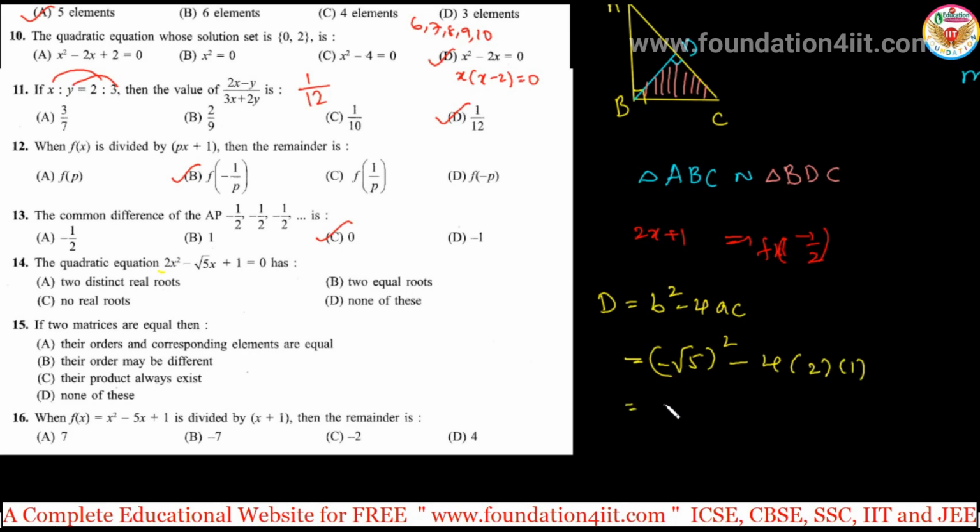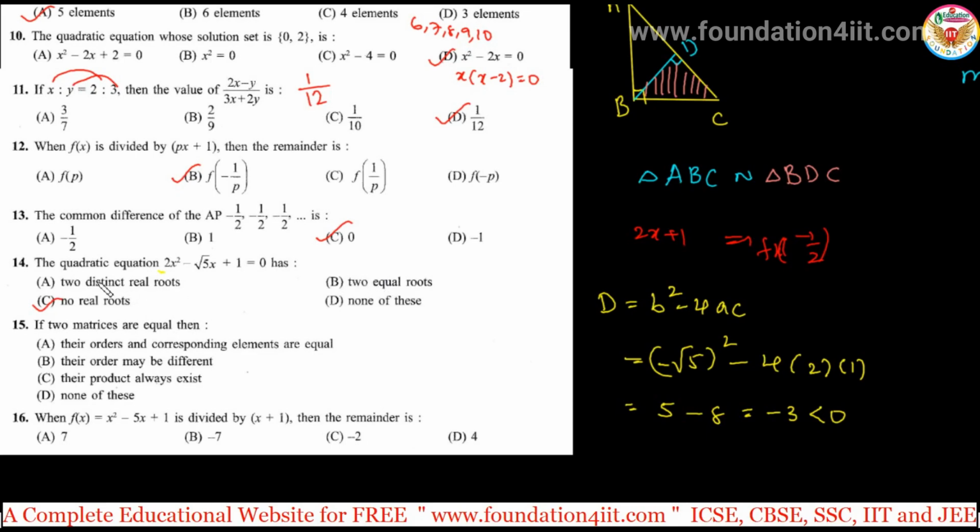Minus root 5 whole square is 5 only, because minus into minus is plus, root 5 square is 5. Minus 4 into 2 is 8, so it's minus 3. This is less than 0. If less than 0, there are no real roots. If equal to 0, two equal roots. Greater than 0, distinct real roots.